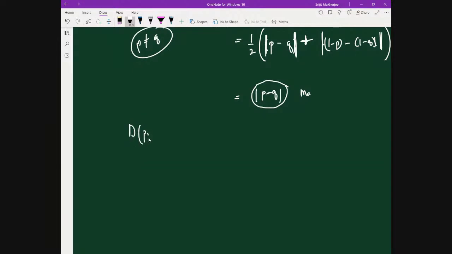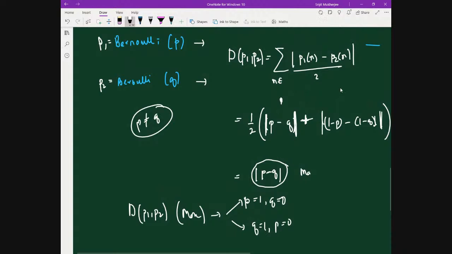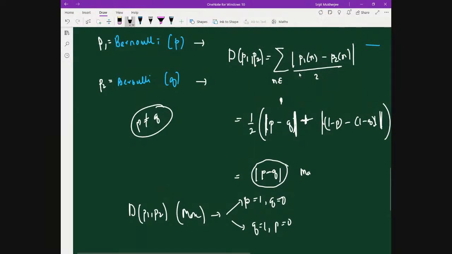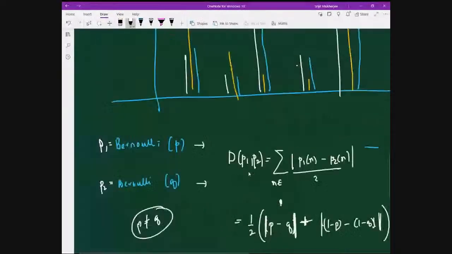When will d of P1, P2 be maximum? If P is equal to 1 and Q is equal to 0, or Q is equal to 1 and P is equal to 0. That means they are exactly opposite of each other, right? Therefore the distance is maximum when they are exactly opposite of each other. Does it make sense now that it is actually defining a distance, guys?